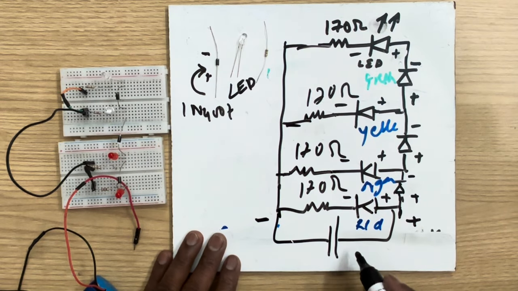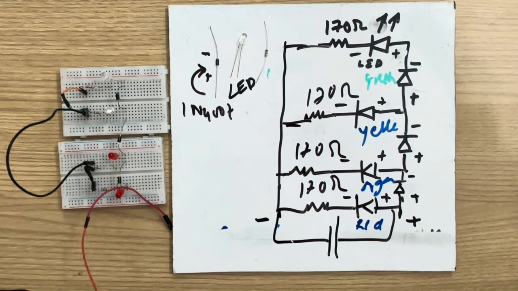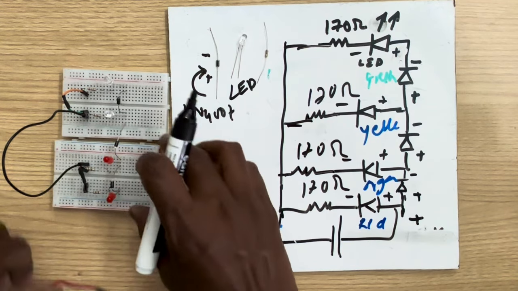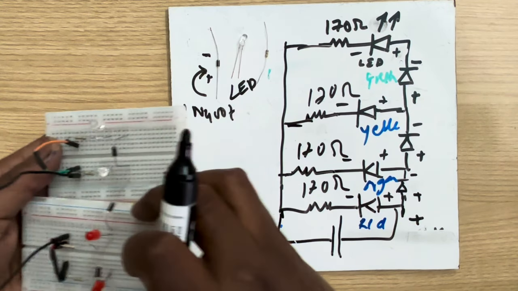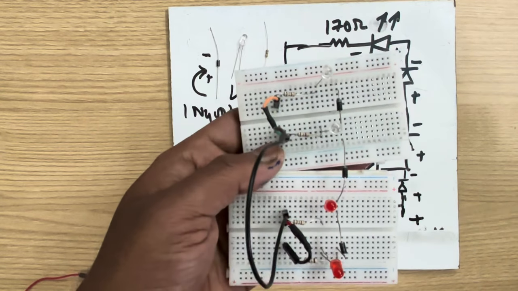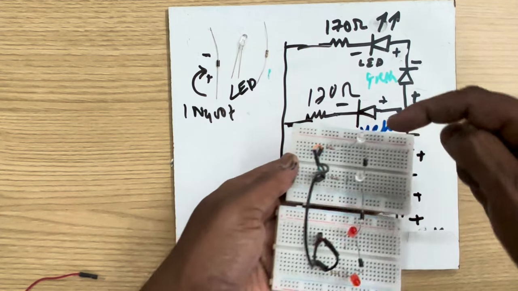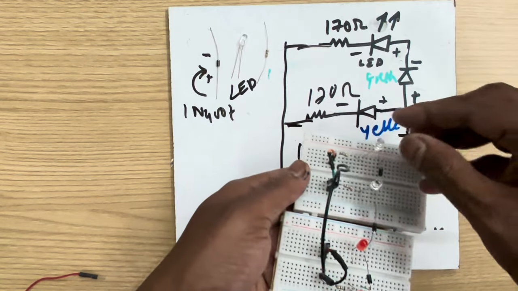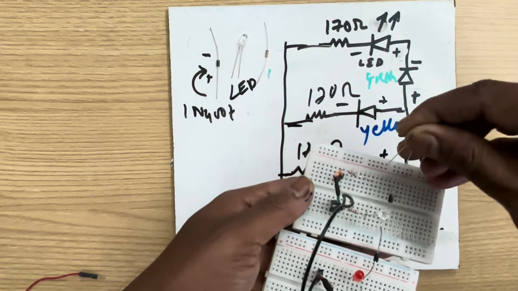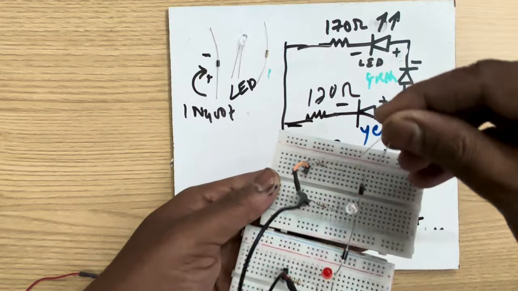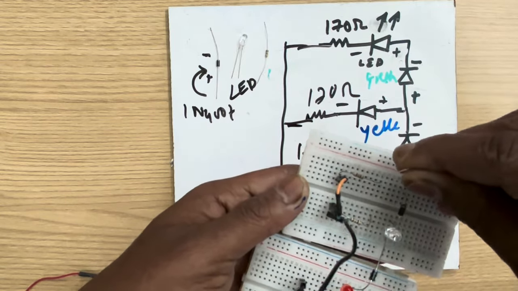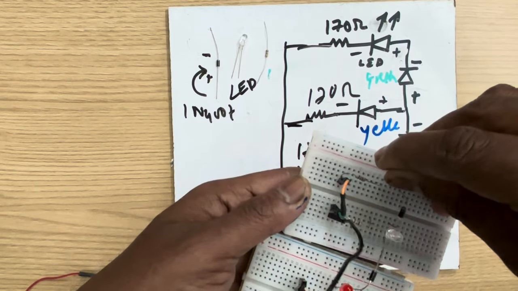Now you have to check the circuit. I have used two breadboards for ease, but if you have a big breadboard you can use one. So this resistance is 170 ohm, and the minus is here. The short leg is minus, it's going there like this.